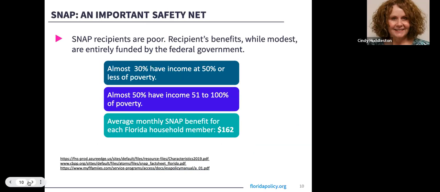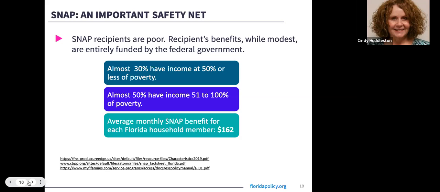Many SNAP participants are extremely poor. Many live on fixed incomes, and they don't have the financial means to afford medical, housing, and food in many cases. SNAP provides those households a modest benefit of about $162 a month per household member on average.